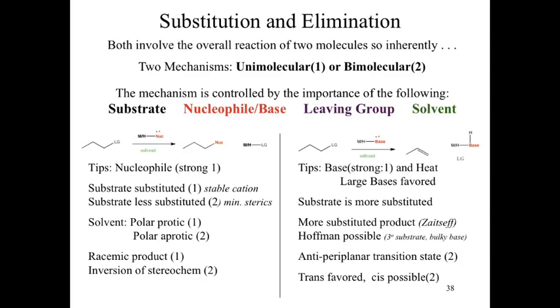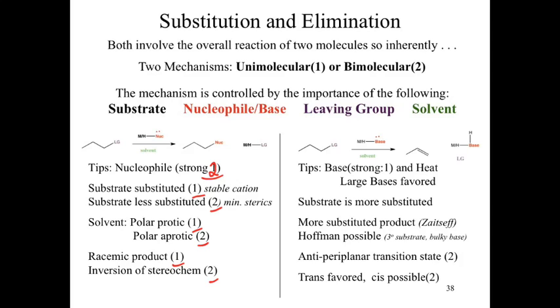So when we look at our substitution side, we've got lots of 1s and 2s showing up in there, that's supposed to represent that statement being for that particular mechanism type. So if a nucleophile was strong, then we would expect a unimolecular, too many typos.